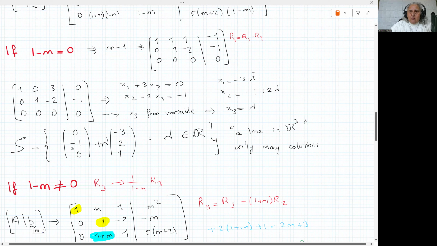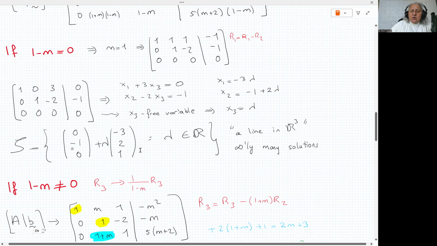There is no constant term in this part. There's a constant term here, which is why we have minus 1 here. And the coefficient of lambda will be minus 3, 2, and 1, which is that vector. Again, lambda is any real number running through.